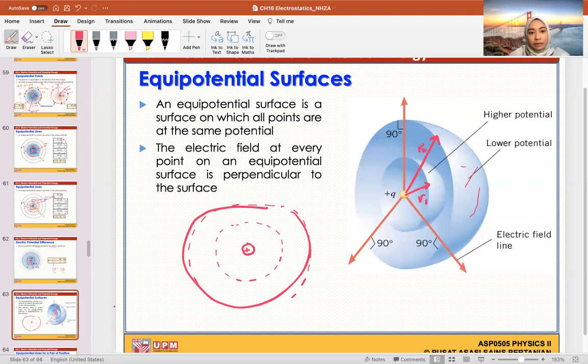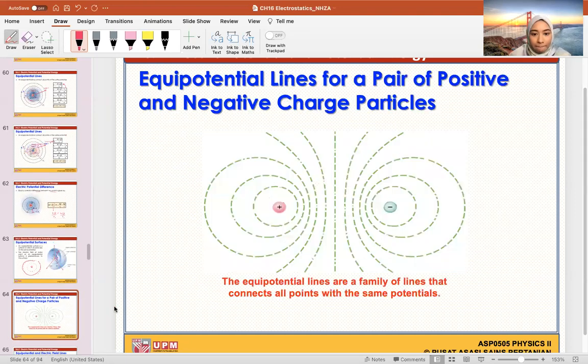It is only affected by R. So the further away you are from the positive charge, the lower V you have. If you have a negative charge, moving away from a negative charge, you are actually going to a higher potential. It's the reverse, right? Okay. So this is the equipotential line for a pair of negative and positive charge particles.